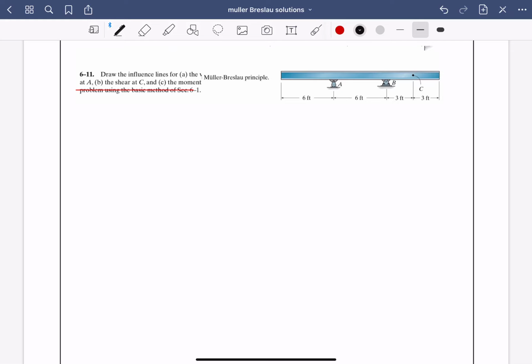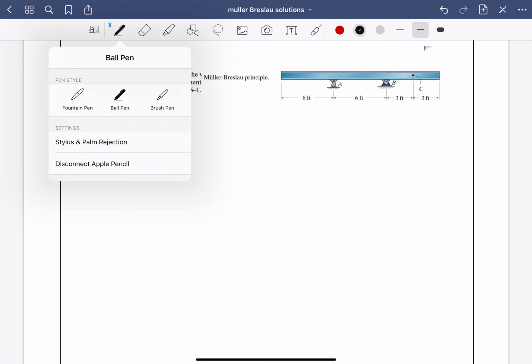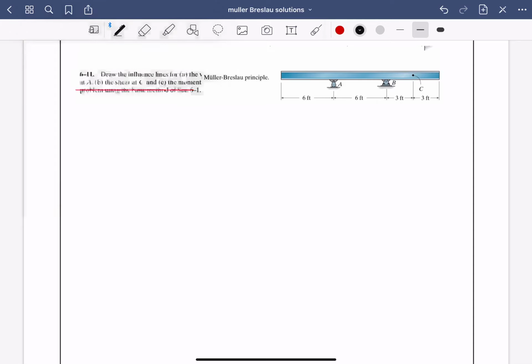So what it's supposed to say is vertical reaction at A, vertical at A, shear at C, and moment at C also.